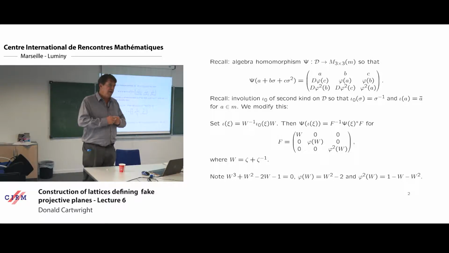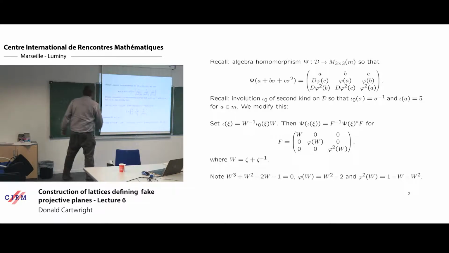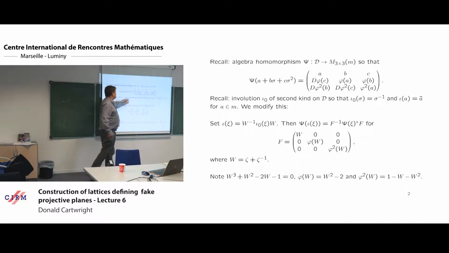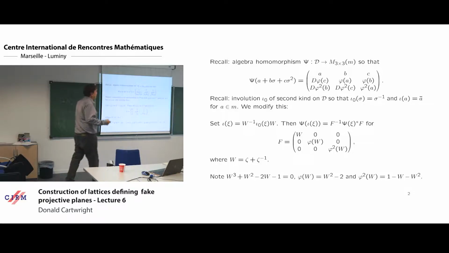In the end, our groups are generated by elements of a division algebra, and we can realize them concretely as matrices with elements not in L, but in a slightly bigger field, M. And because D bar D is 1, there's an involution of the second kind on D, which maps sigma to sigma inverse and takes a complex conjugate of any element of M.